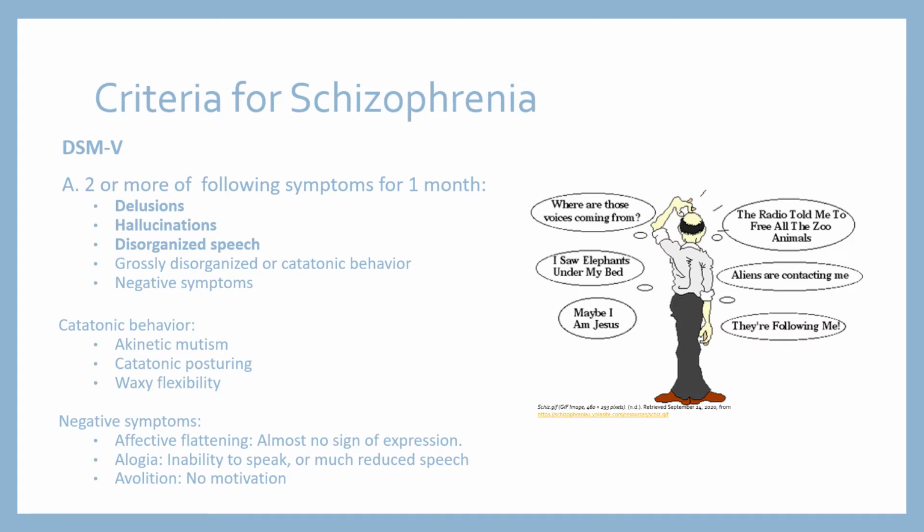We have five senses, and the most common hallucination in schizophrenia is an auditory hallucination, where you hear noises or someone whispering or talking to you, despite there not being any sound in reality. There can also be visual hallucinations, where the patient sees things.